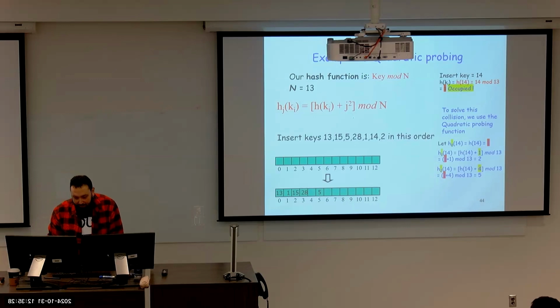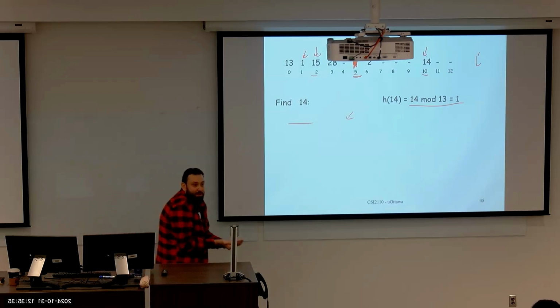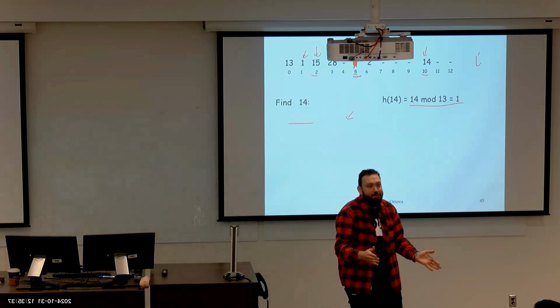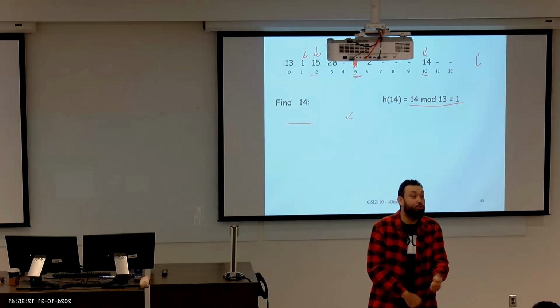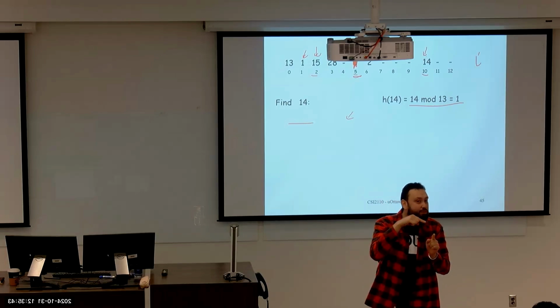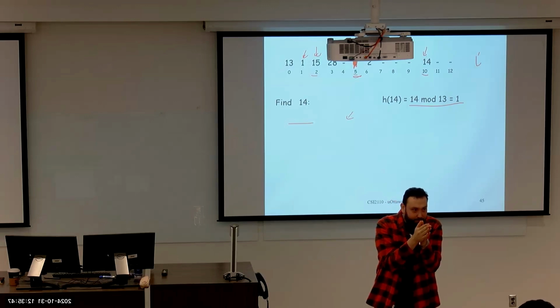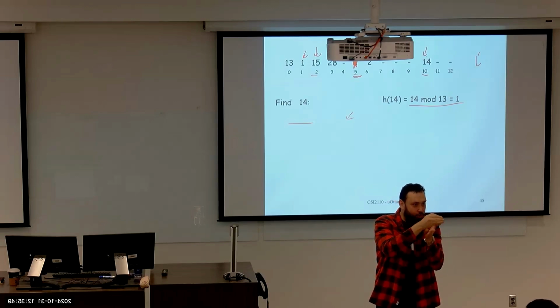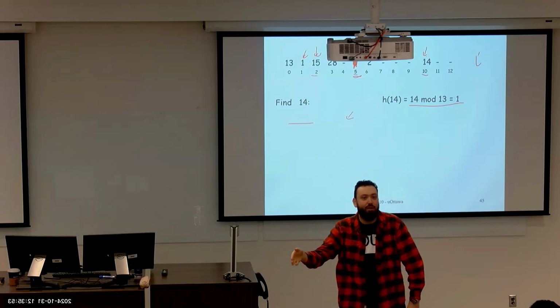Now, when I go to index 5, it's empty. And usually, if it's empty, that means there's no 14. So how can I solve this problem after deleting something from the array? Because originally, when we inserted 14, there was a 5. So we came to the 5 and said, okay, it's occupied. Let me go to the further one. But now we deleted 5.